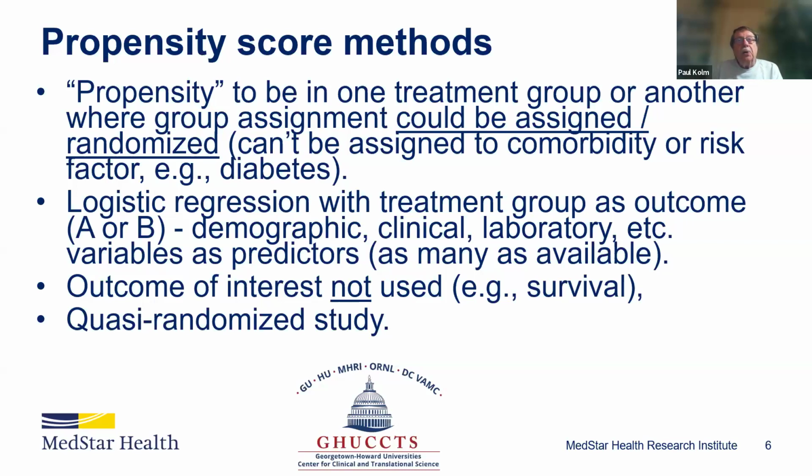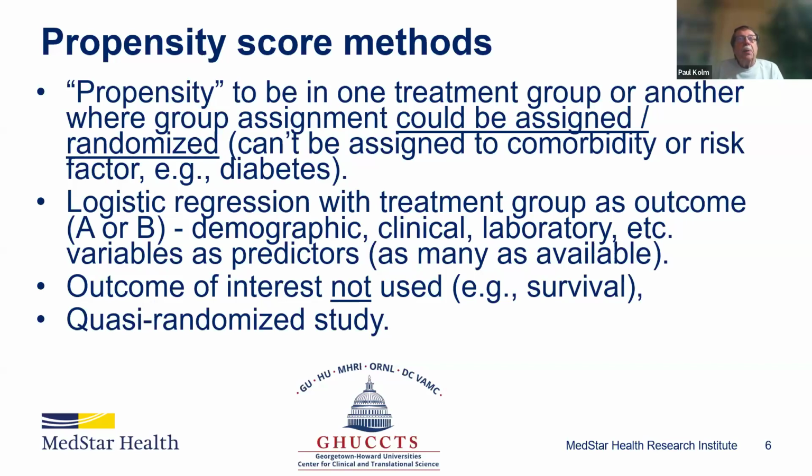And so what we're going to do is a logistic regression where treatment group is the outcome, and we'll talk about treatment A or treatment B here. We're going to use demographic and clinical variables as predictors of the group, and you'll use as many as you have available. The one variable that you can't use, or shouldn't use anyway, is the outcome of interest. For example, if your outcome is survival, then you can't use whether they survived or not as a predictor of which treatment group they're assigned to.